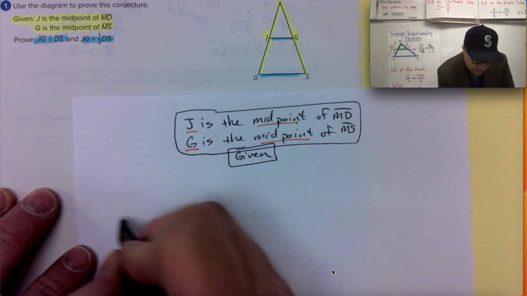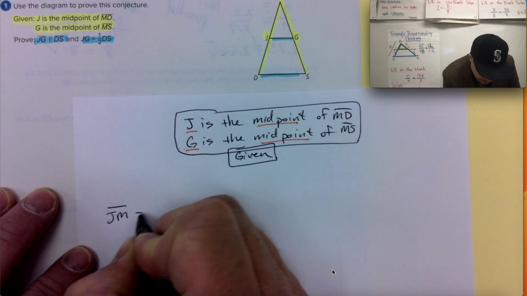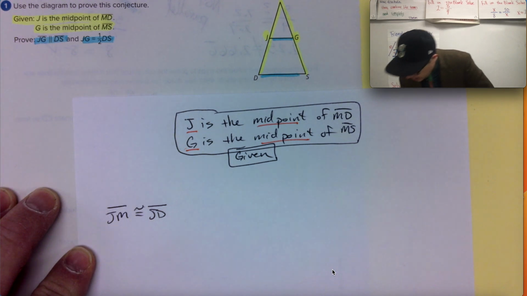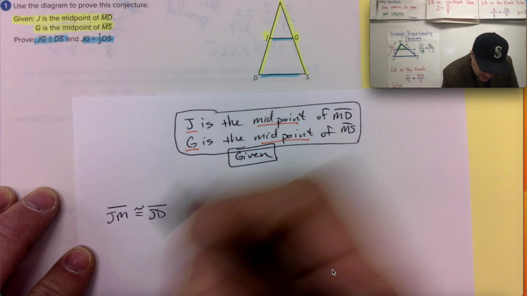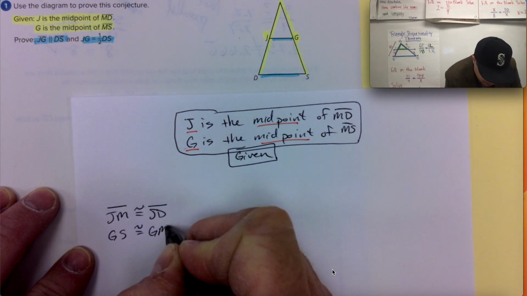So I'm going to put that over here. JM is congruent to JD. I want to say this together in the same place, so GS is congruent to GM.